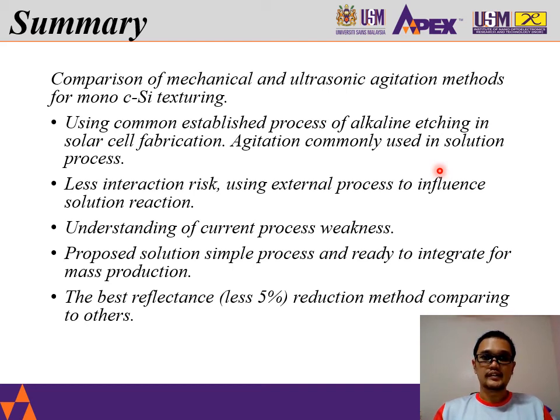And combining these two established processes makes it a perfect solution and easy to adapt and introduce. Therefore, it has less interaction risk because agitation is using an external process instead of influencing direct concentration solutions reactions.